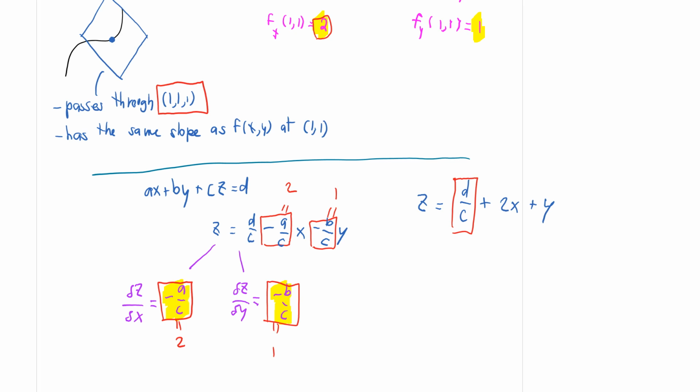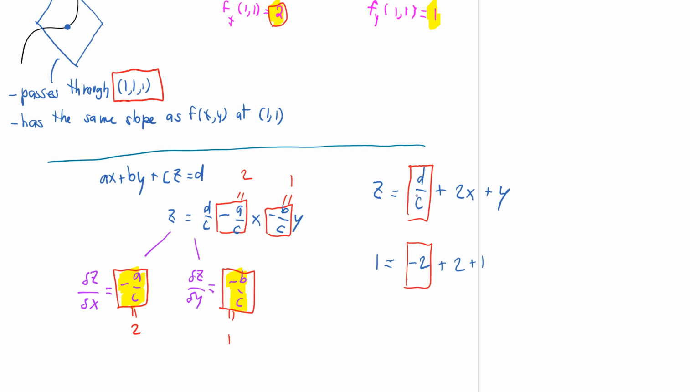If I do the plug in, I'm going to have 1 equal d/c in the red box plus 2 and then plus 1. So I know this red box thing just needs to equal -2. So my d/c has to equal -2.